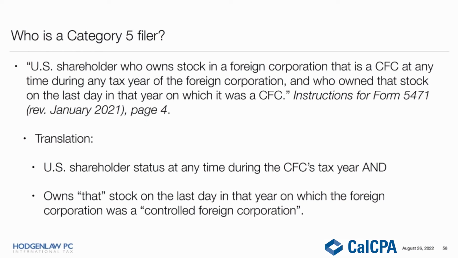Well, I'm going to heroically assume, let's pretend the example is you own 100%. Then the last day it was a CFC was today, August 26, and therefore on August 27, it's a foreign corporation still because it still exists, but it's owned by somebody else. And by assumption, that person's not a U.S. person, and therefore off you go.